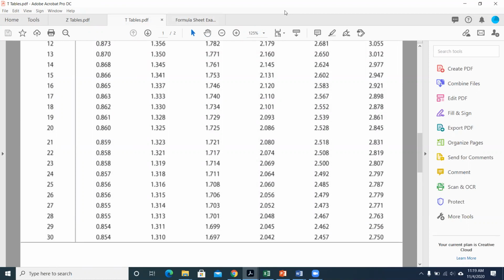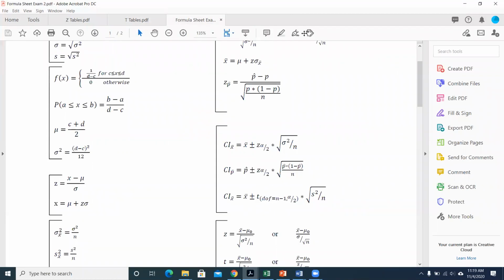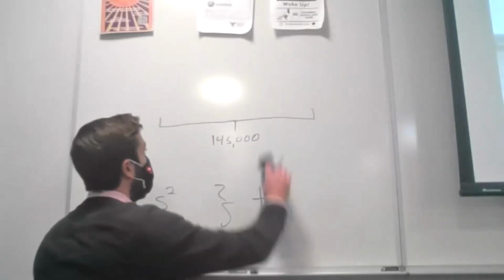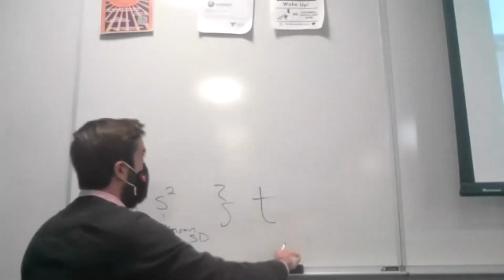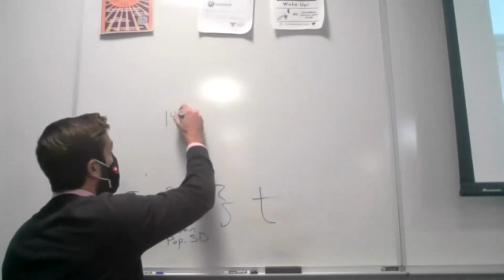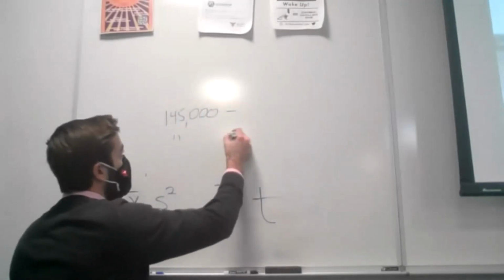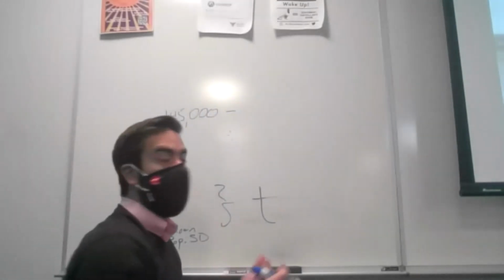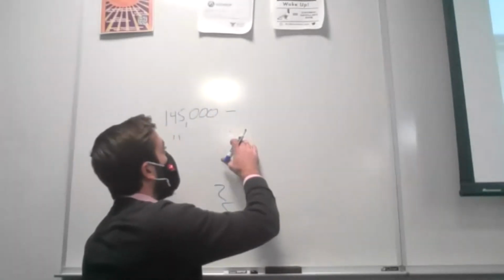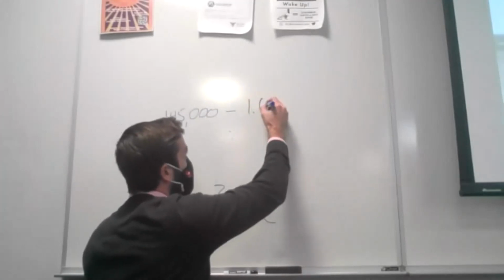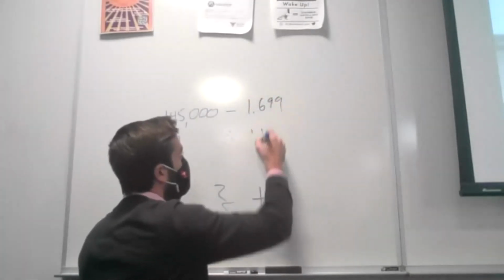So using this formula, I'm just going to start plugging things in. I'll take 145,000 as my sample mean. I'll subtract to get my lower bound, adding to get my upper bound. My t-value was 1.699.